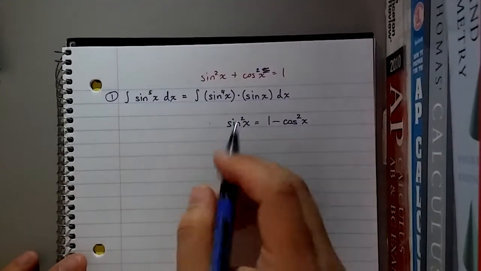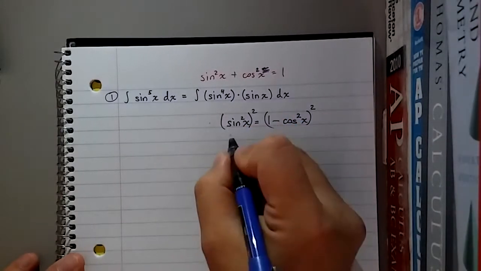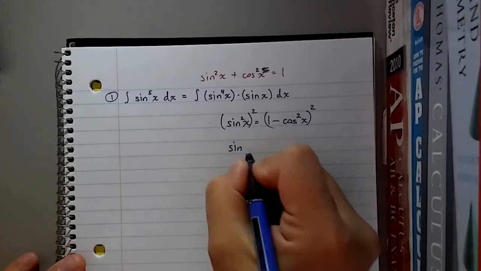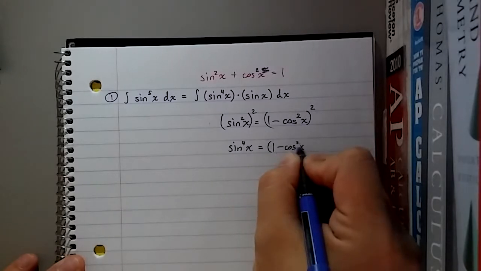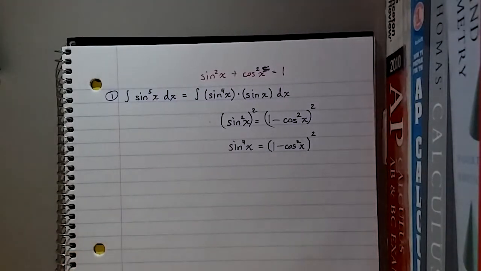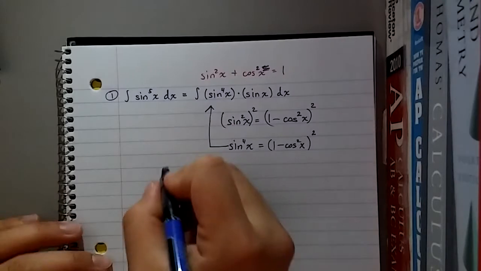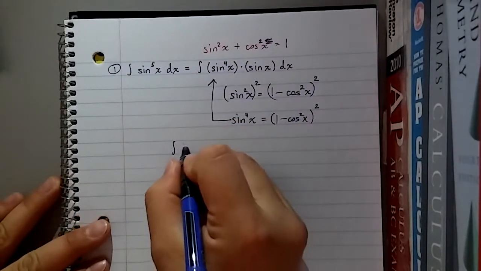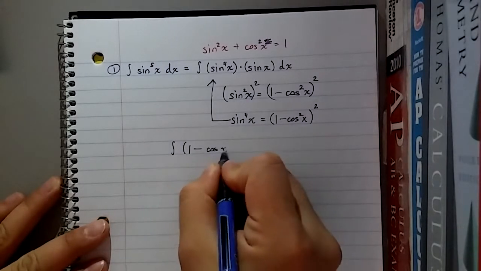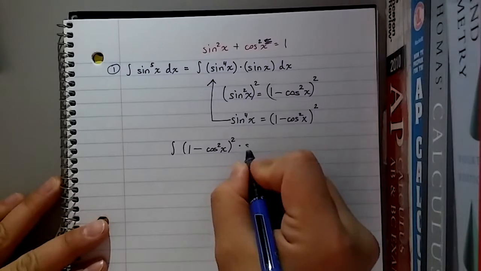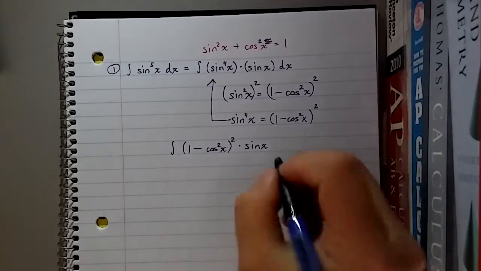Now, if I square both sides, then it becomes sine x to the fourth equals 1 minus cosine x squared, the whole thing squared, and then from that, you just replace it right there. So integrate. I'm going to replace sine x to the fourth with that instead. So 1 minus cosine x squared times sine x dx. Can't forget that.